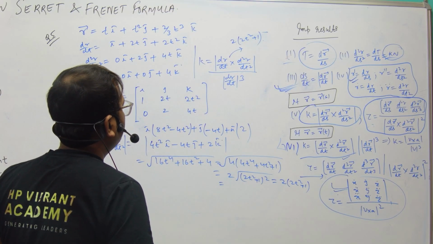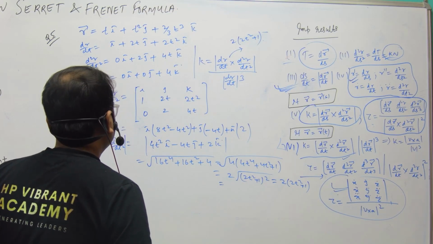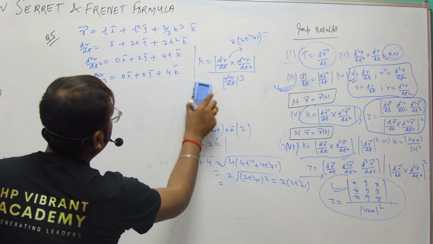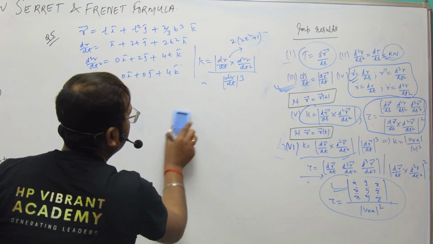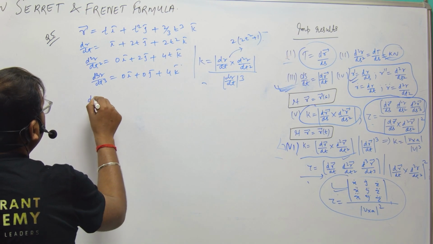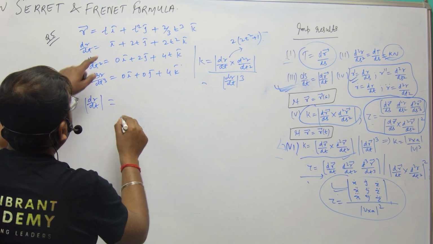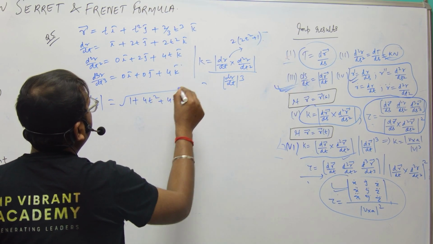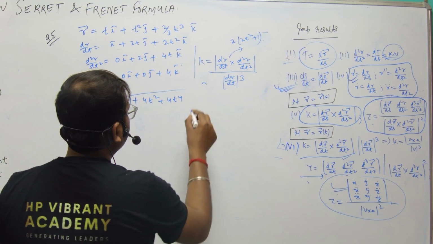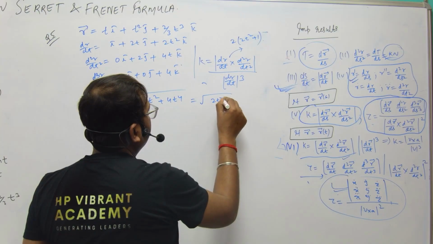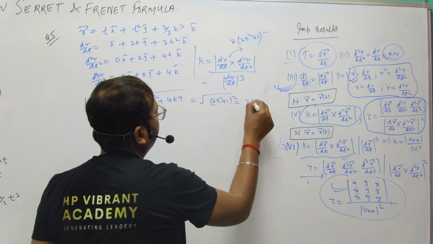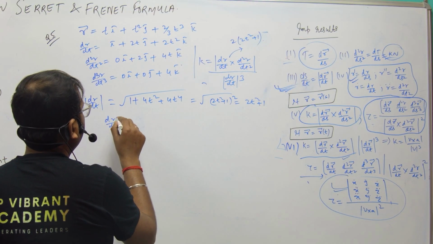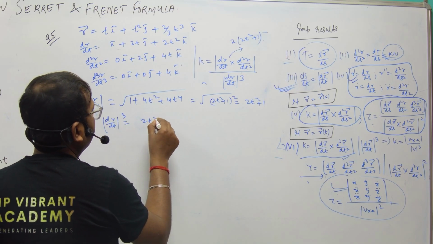Now let us find the modulus of dr/dt whole cube. The modulus of dr/dt is the root of 1 plus 4t square plus 4t to the fourth, which equals the root of (2t square plus 1) whole square, that is 2t square plus 1.